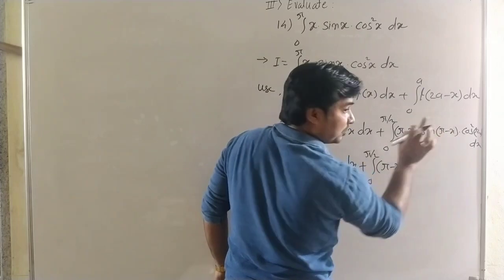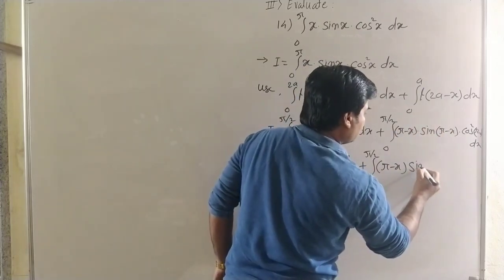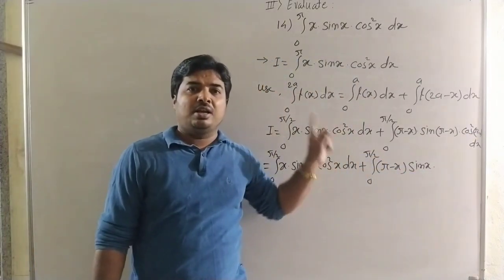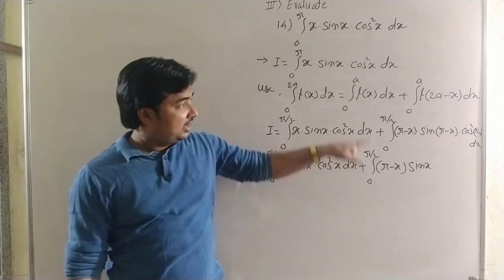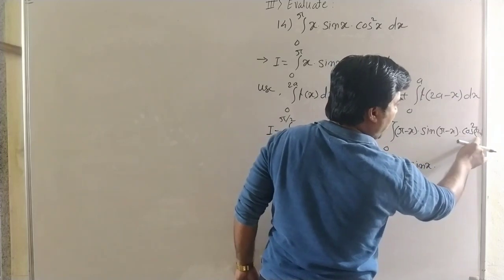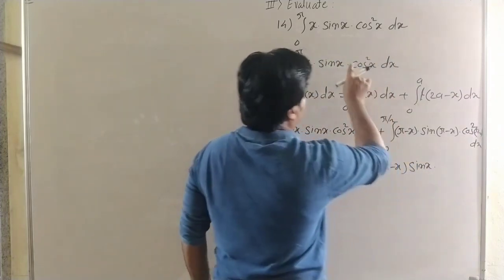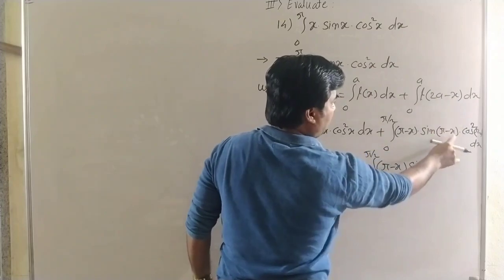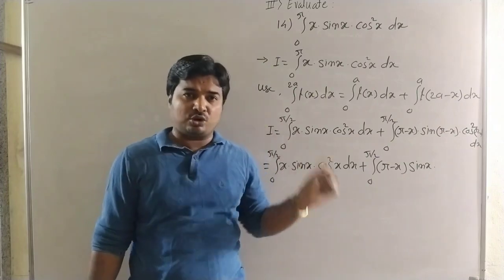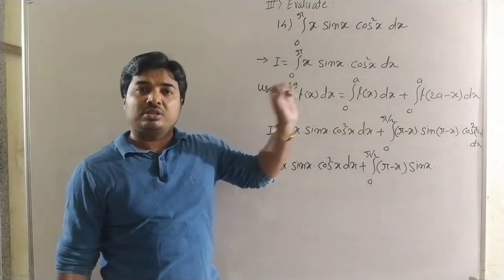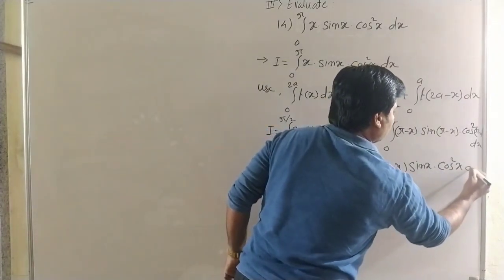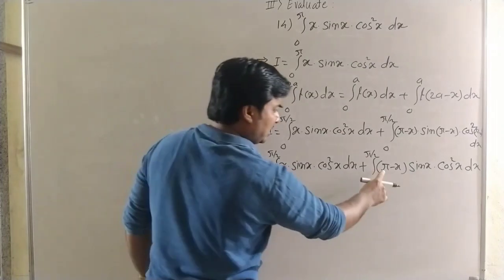Sin pi minus x is sin x, and cos pi minus x is minus cos x, but here it is a square, so it is also plus cos square x dx.